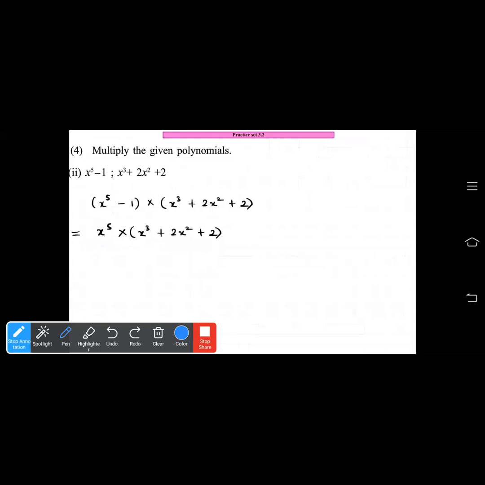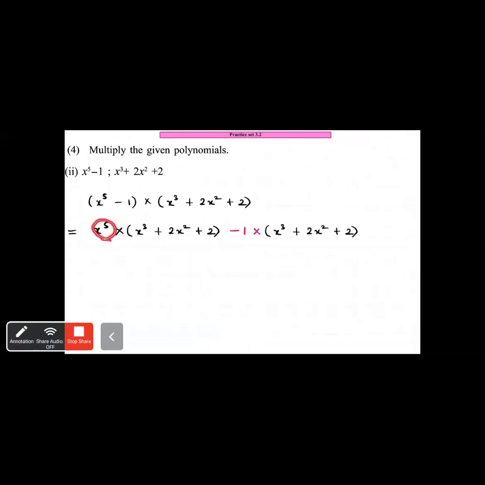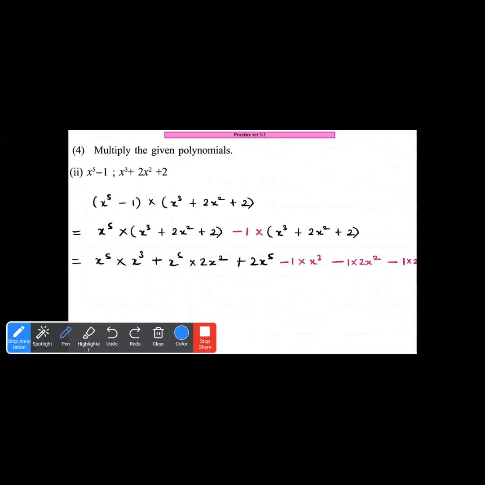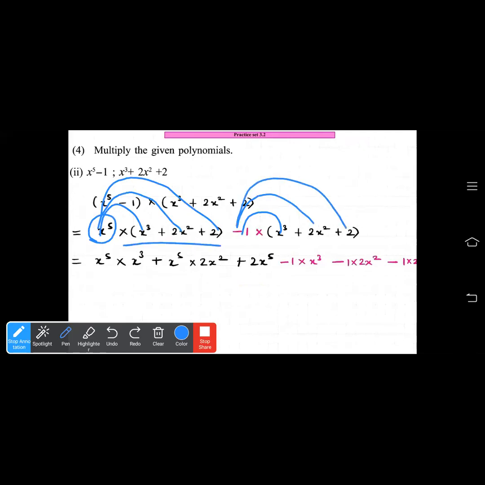Then write minus 1 along with this second polynomial this way. Then once again do all the multiplication with the whole second polynomial. मतलब ये x raised to 5 है, सब हर polynomial के एक एक पार्ट से मल्टीप्लाई होगा, इसीलिए हम लोगों ने सेकेंड टाइम भी राउंड ब्रैकेट ओपन नहीं किया था.